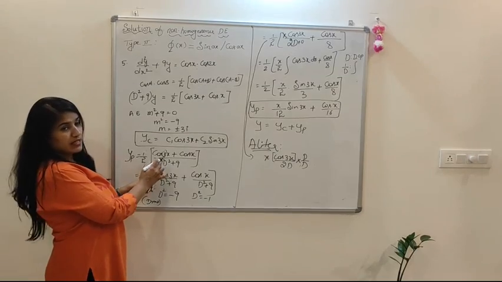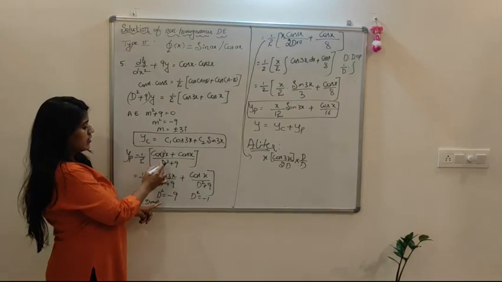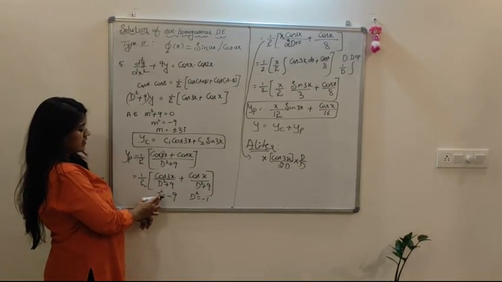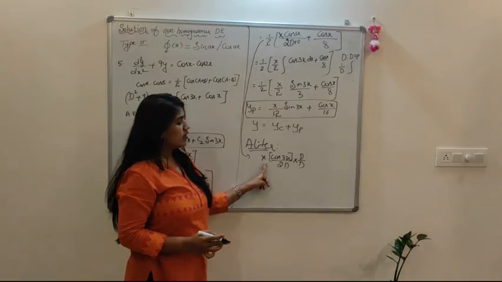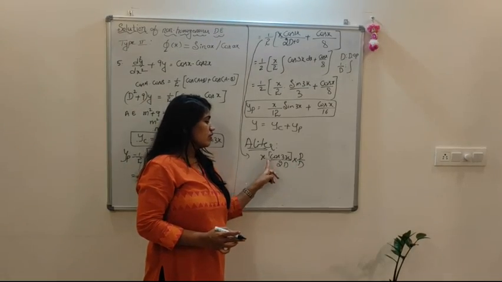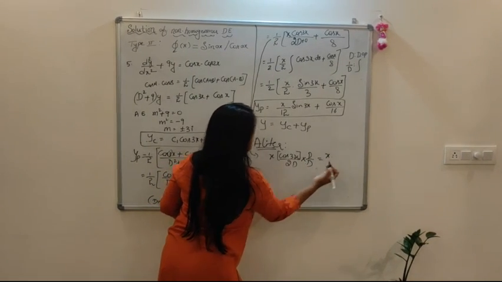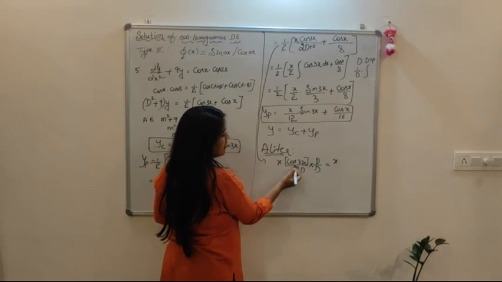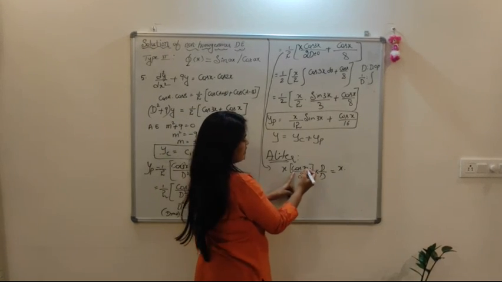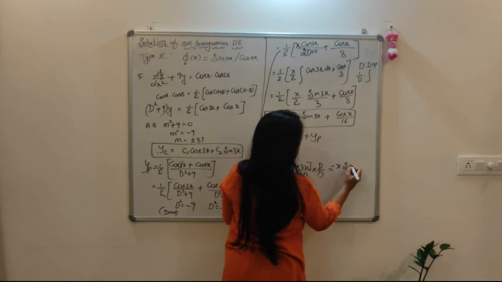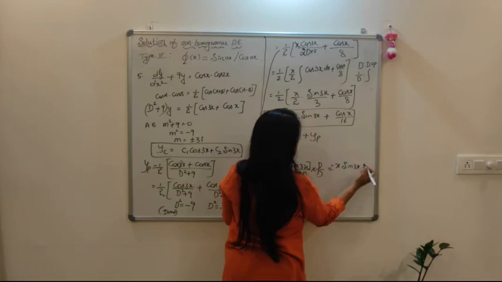While applying the type 2 method to remove D square, after replacing D square by minus a square, we got x. Don't include that x for D. So x as it is; D is the differential operator, D into cos 3x. Differentiation of cos 3x is minus sin 3x into 3.